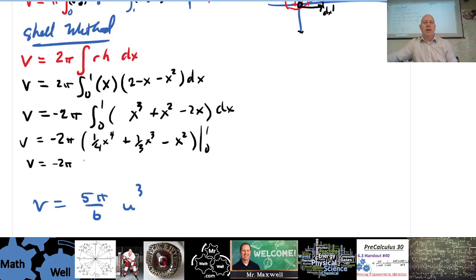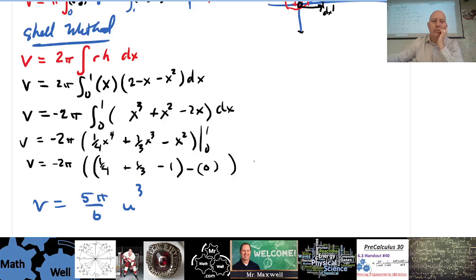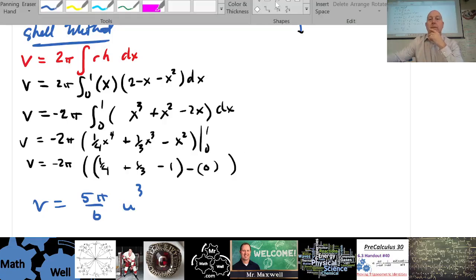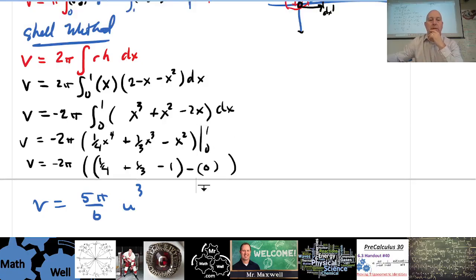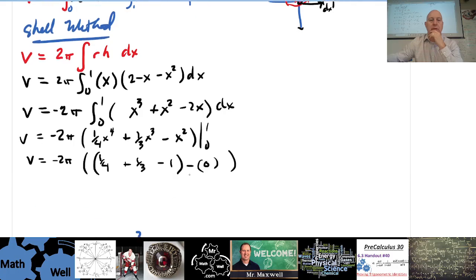So negative 2 pi. It's going to be 1/4 plus 1/3 minus 1, minus, those are all zeros, right? All right, so we'll simplify this a little bit and see if it comes to the same.